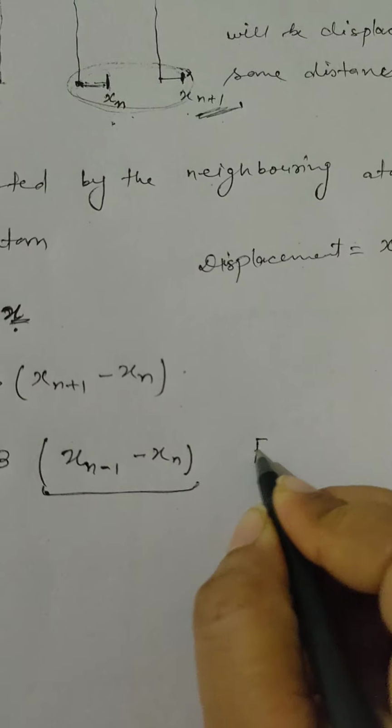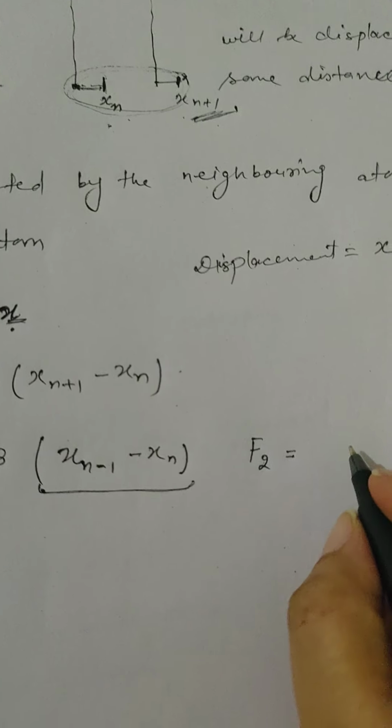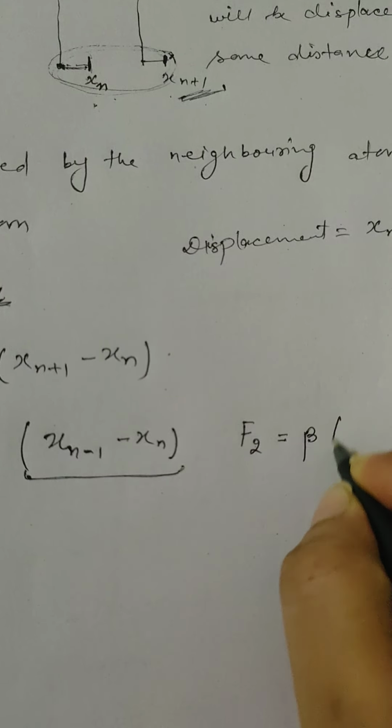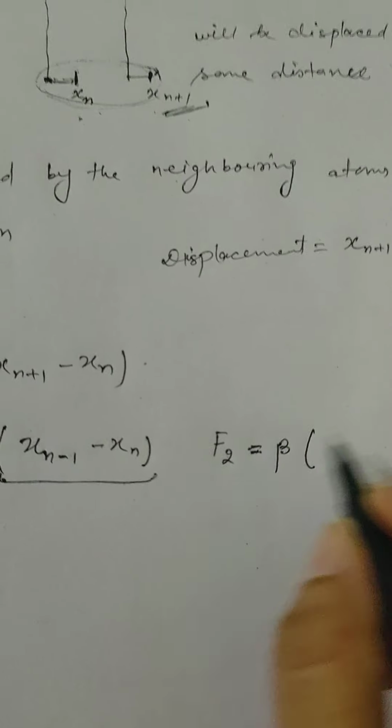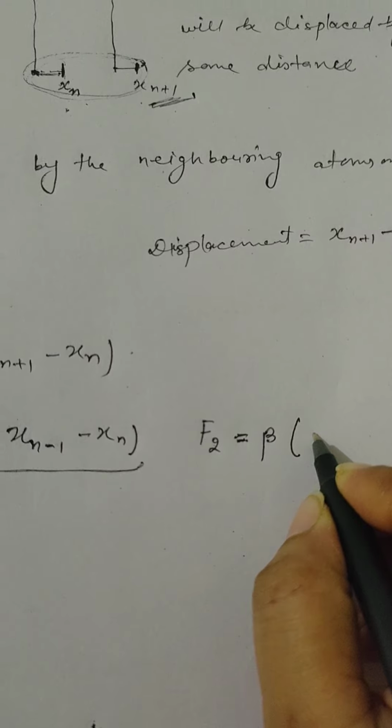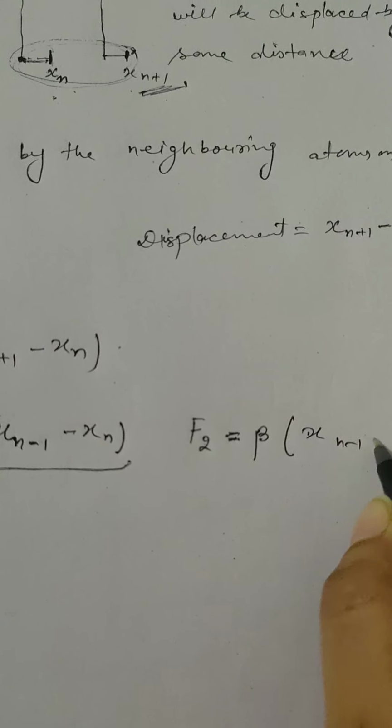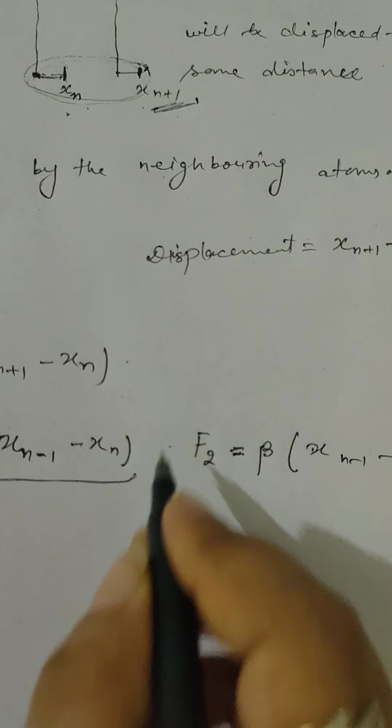F2 force is equal to beta xn minus 1 minus xn.